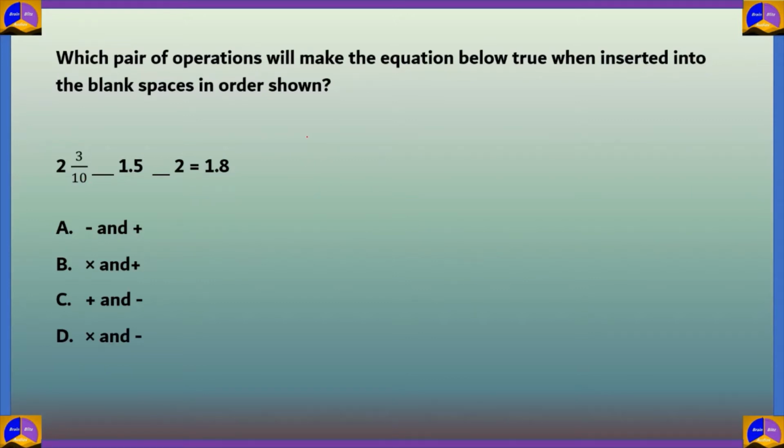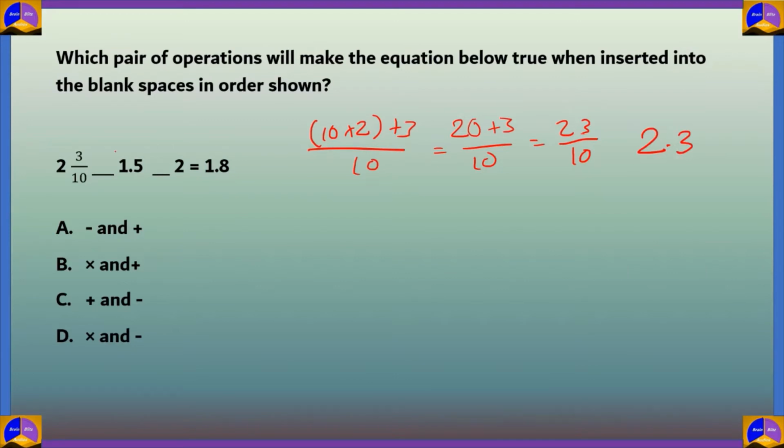So it will become 10 times 2 plus 3 by 10, which is 20 plus 3 by 10, it is 23 by 10. Now 10 goes into 23 two times and the remaining is 3. So 2.3. The equation will become 2.3 dash 1.5 dash 2 is equal to 1.8.